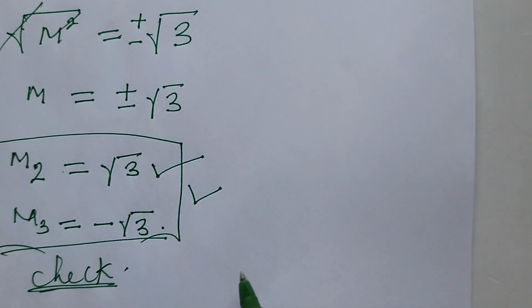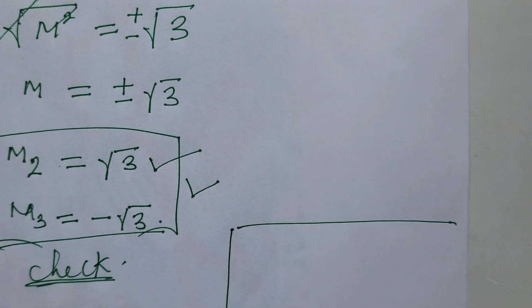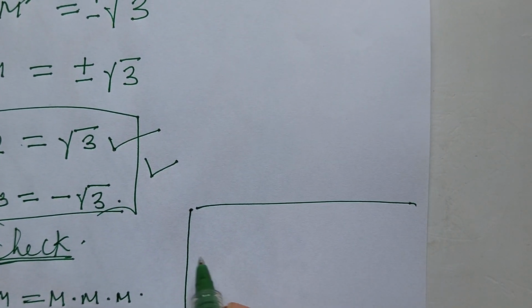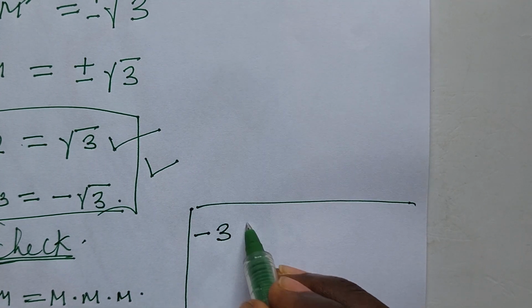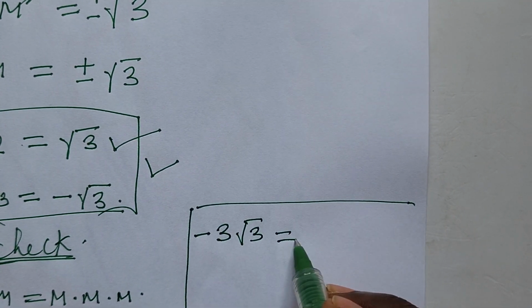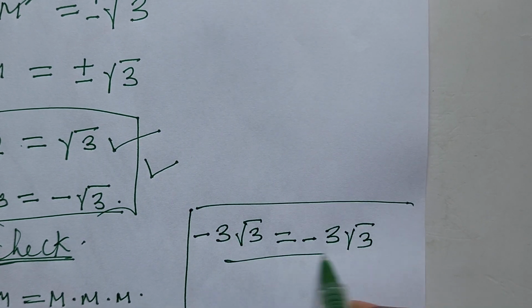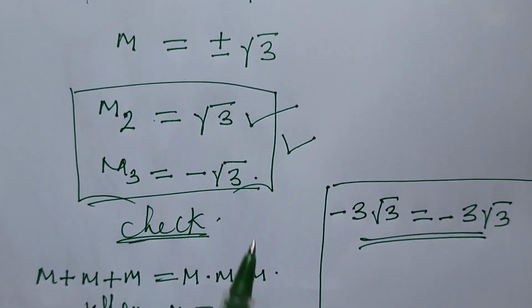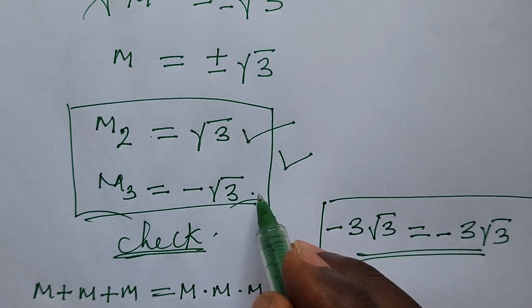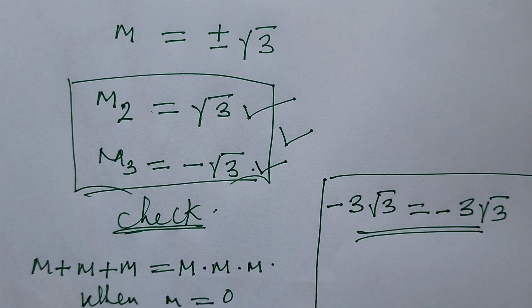Let's continue on this side and see what this gives us. This is going to give us minus 3 root 3 equal to minus 3 root 3. So this also shows that the third root satisfies the original equation.